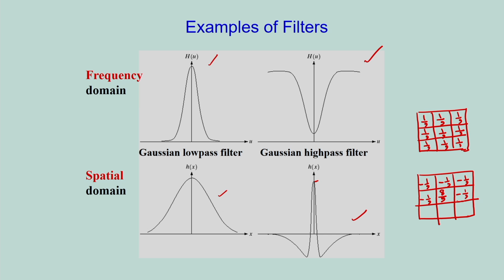This is the mask corresponding to the high pass filter in spatial domain. That is why, corresponding to this 8 by 9, I am having the peak here in the spatial domain. You can see the response of the filter in the frequency domain and in the spatial domain.